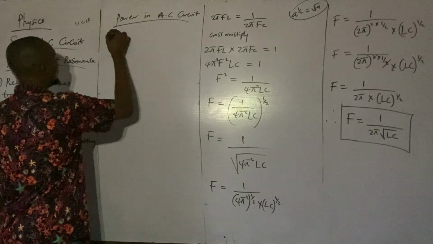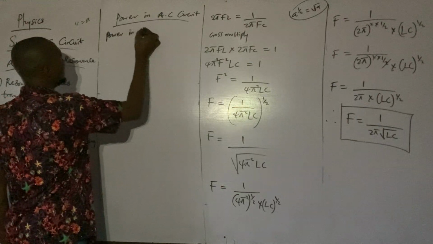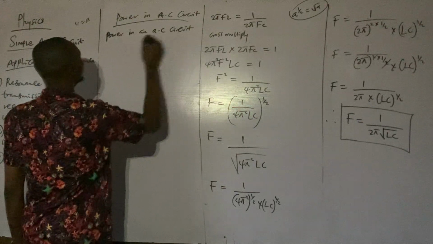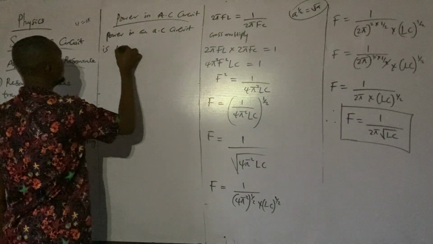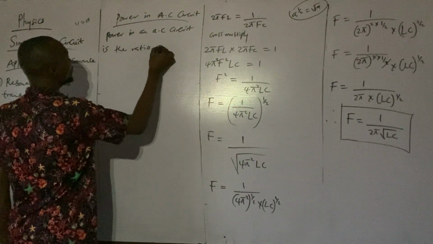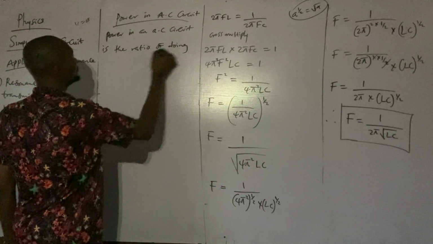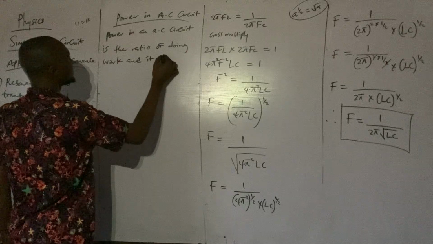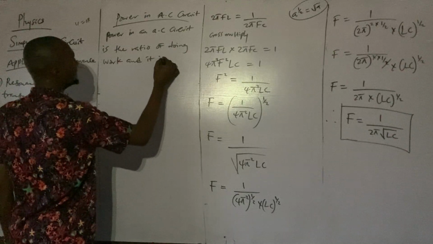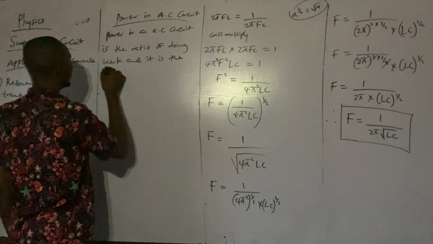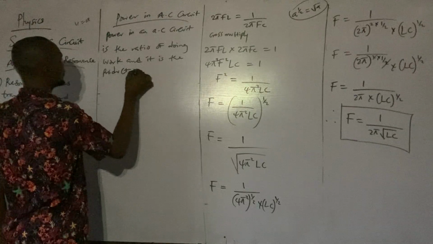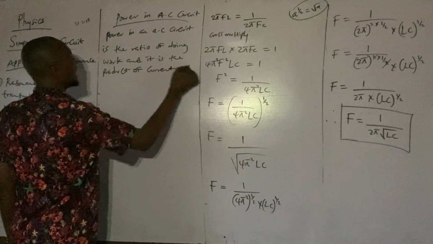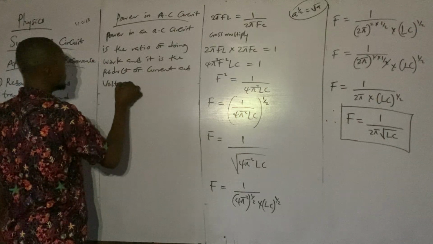Power in an AC circuit is the rate of doing work, and it is the product of current and voltage.